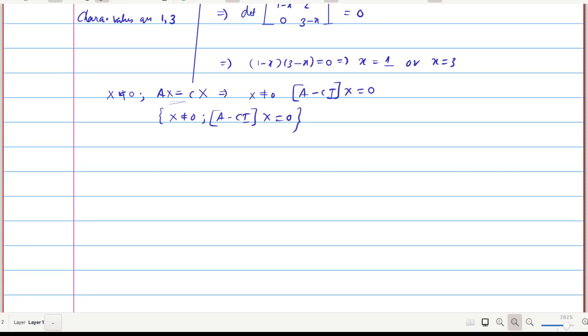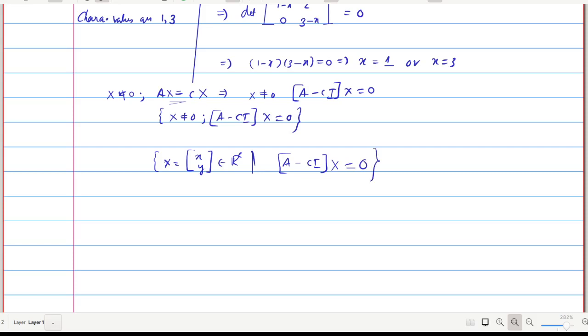So we write the set of all x belonging to the corresponding vector space, in this case the set of all x, y belonging to R2 such that A minus CI times x equals 0.